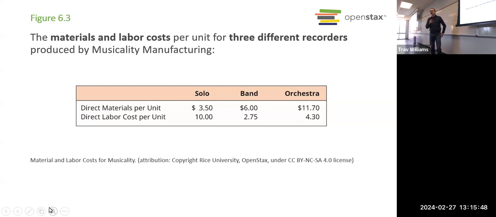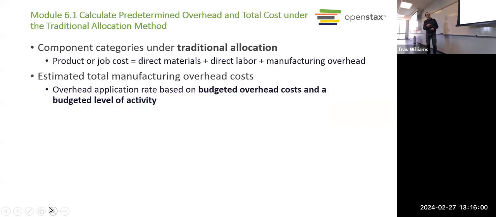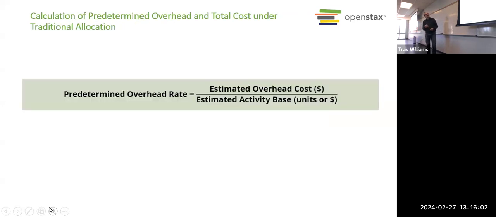But what we don't know is the overhead costs, right? Manufacturing overhead depends on the rate, right? We need to use that formula that we saw to come up with a rate. Once you come up with a rate, you have to multiply it by the activity to know how much overhead to apply, right?